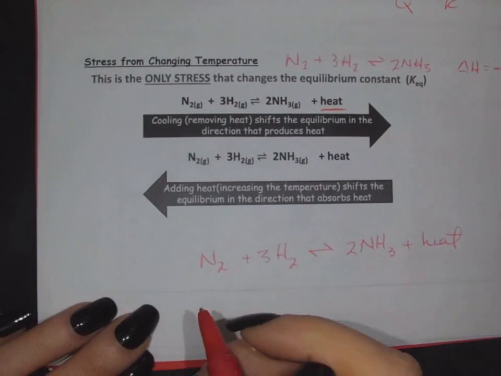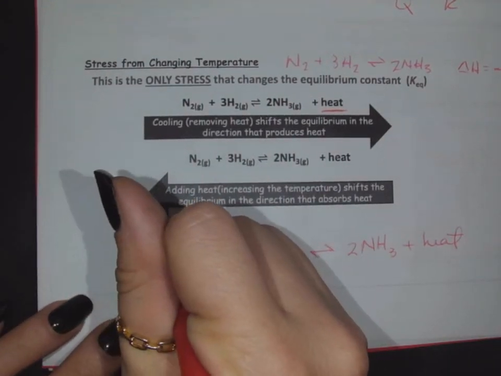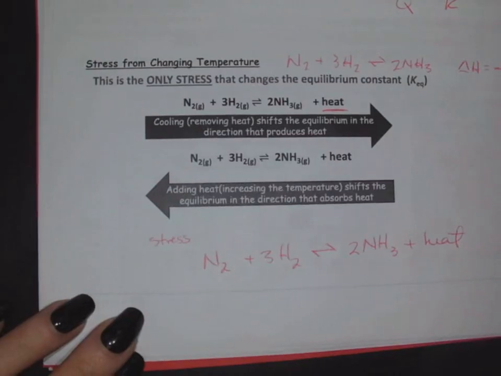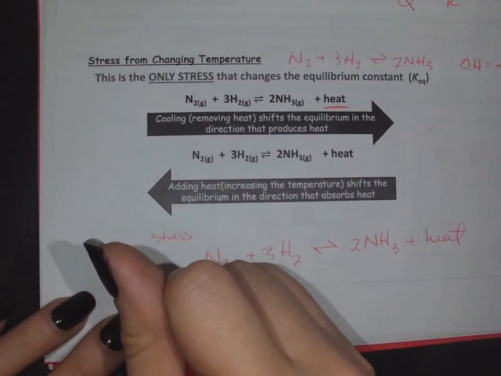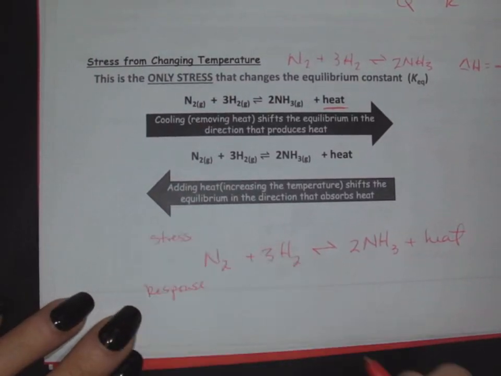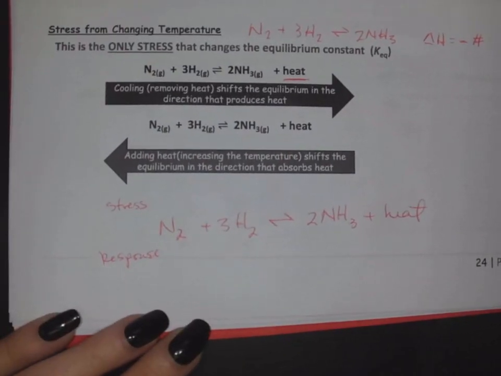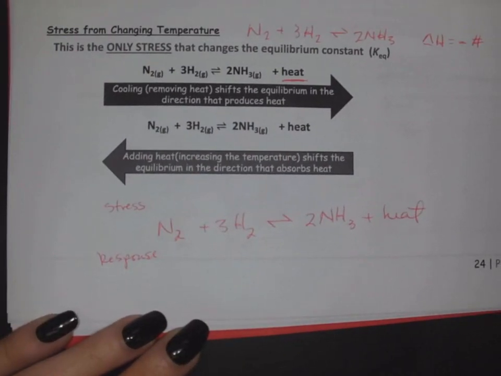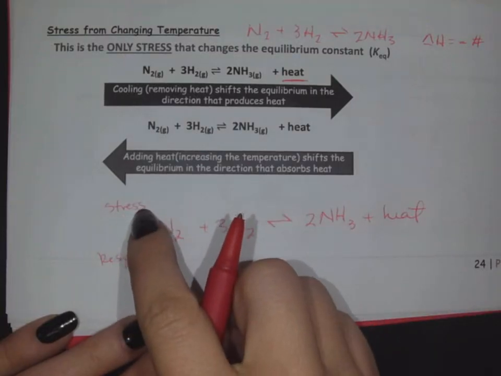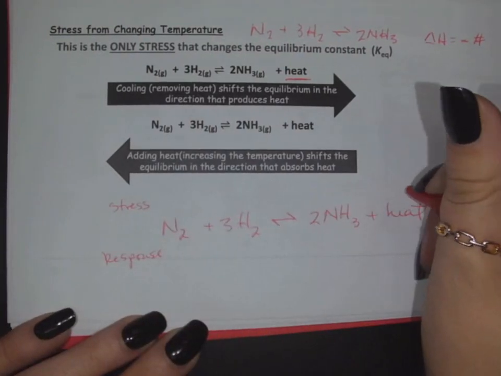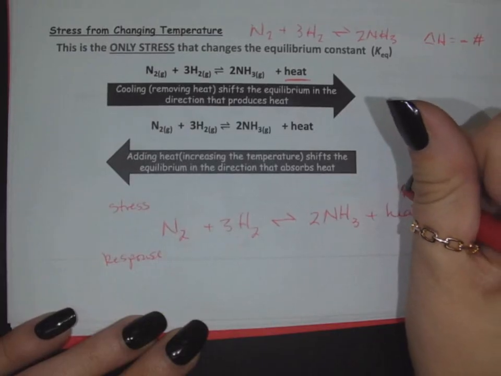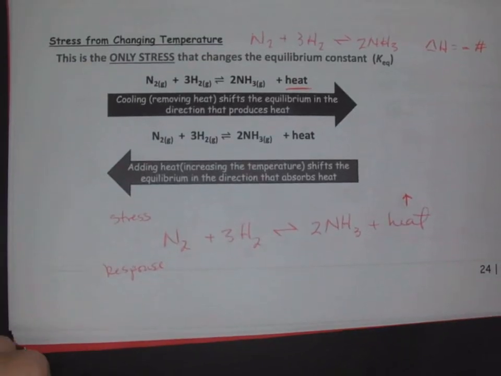Okay, just like before, the stress is what I'm going to draw up above. The response is what goes down below. So what if I have this reaction and it's in equilibrium, and then I'm going to increase the temperature? So me, the chemist, I'm going to add the stress of increasing the temperature. I'm going to make this higher than it wants to be.